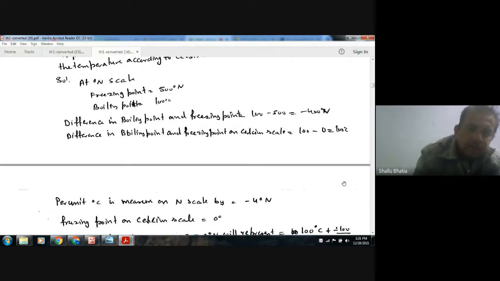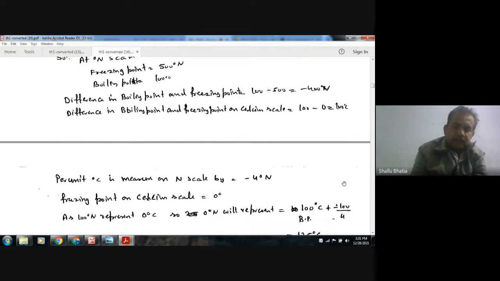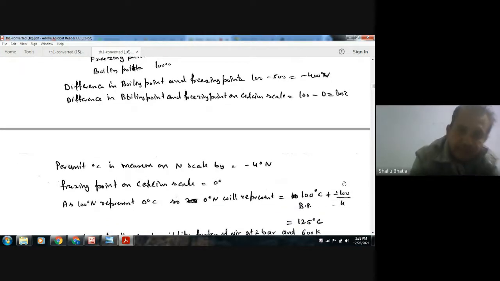So per unit degree Celsius, 1 degree Celsius represents minus 4 degree N, or 1 degree N represents minus 1 by 4 degree Celsius.